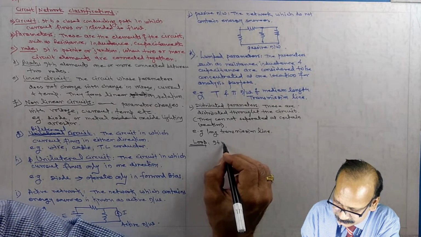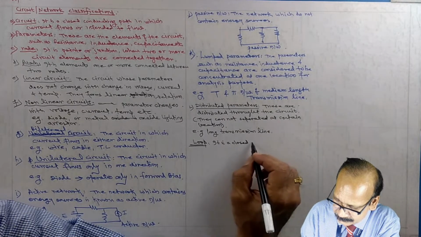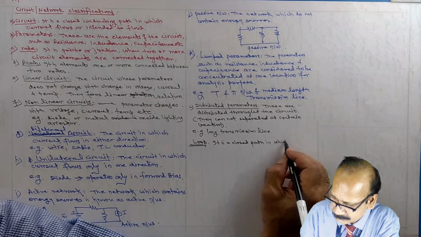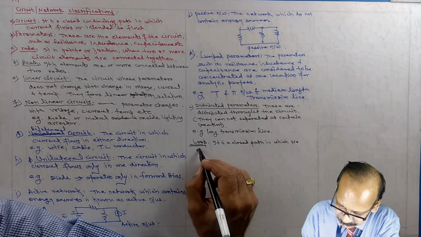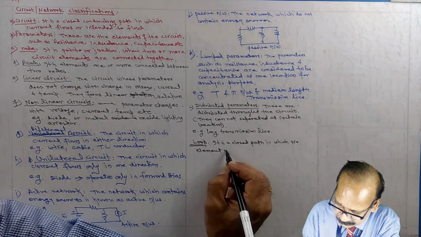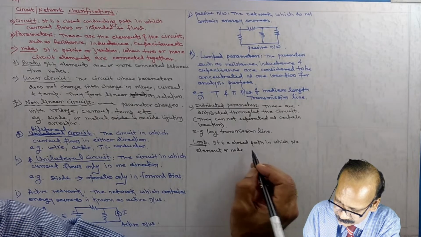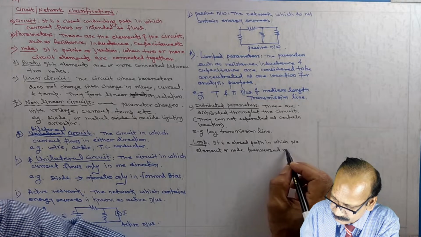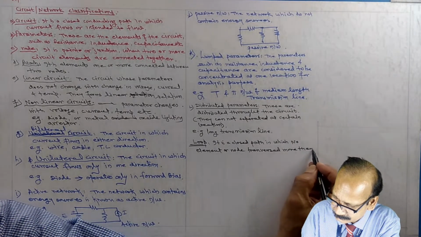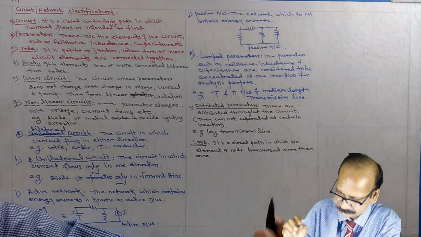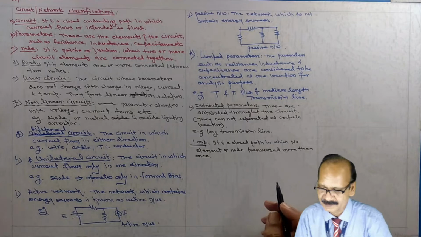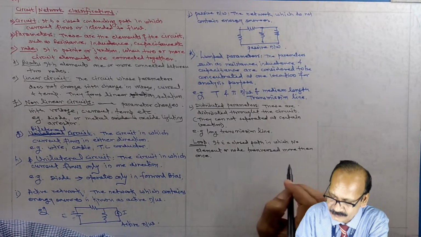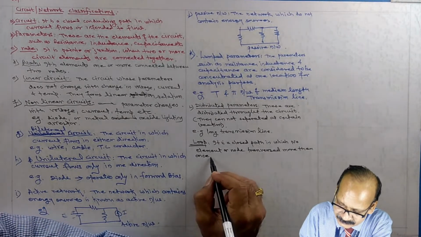A loop is a closed path in which no element or node is traversed more than once. That is known as a loop.